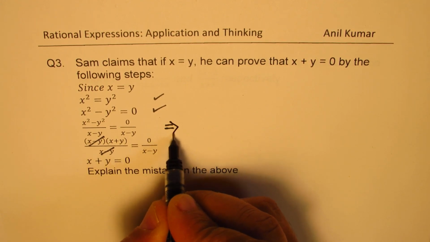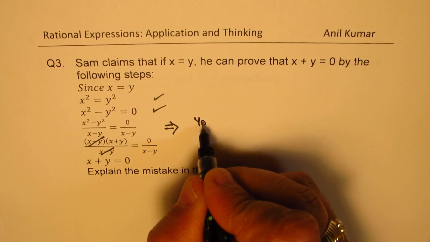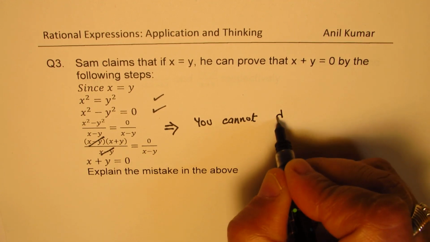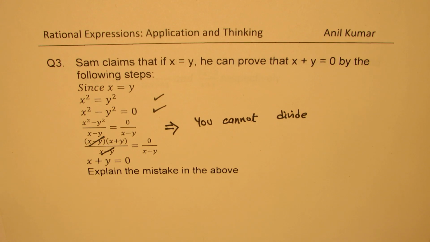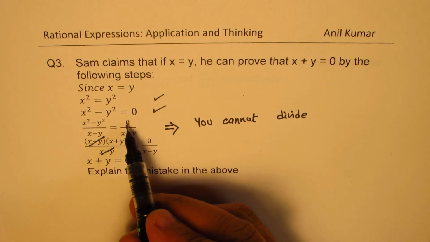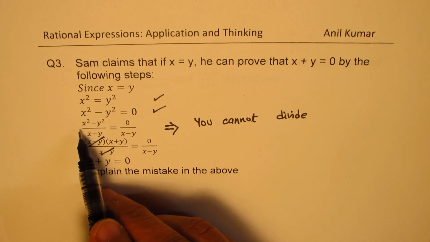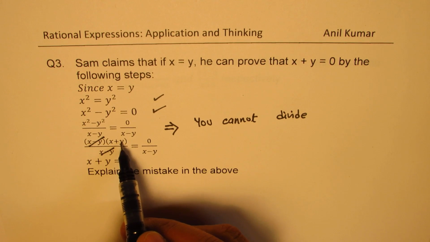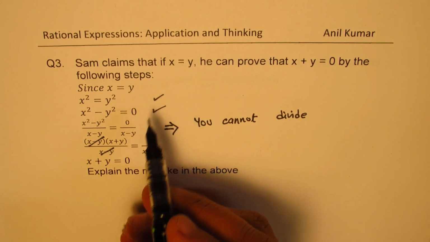And here the problem is that you cannot divide zero by anything and then prove the concept, right? I could have divided this by x plus y and proved that x minus y is 0, which is definitely true, right?